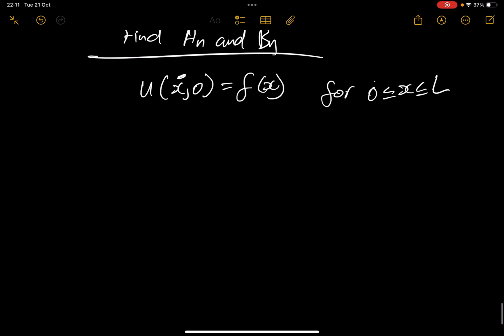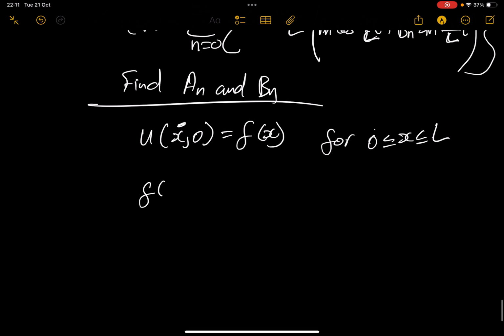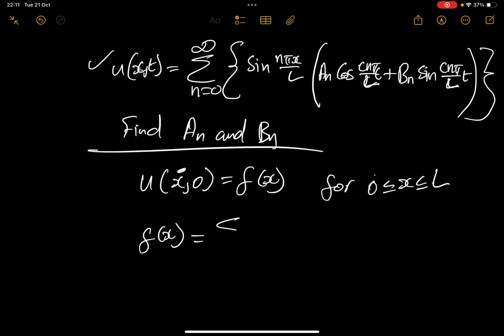So we are going to have f of x is equal to the summation when n is equal to 0 to infinity of, where there is t, we substitute 0.